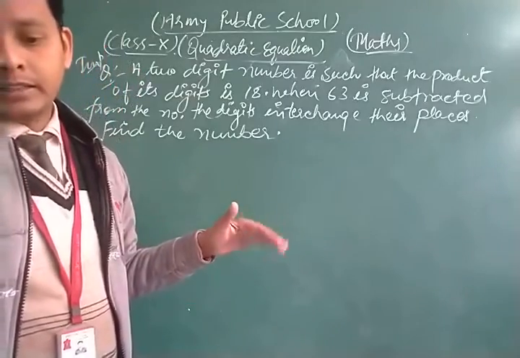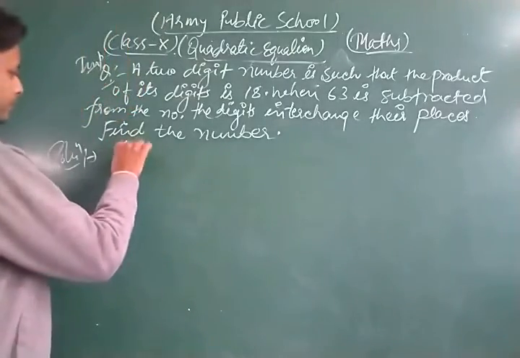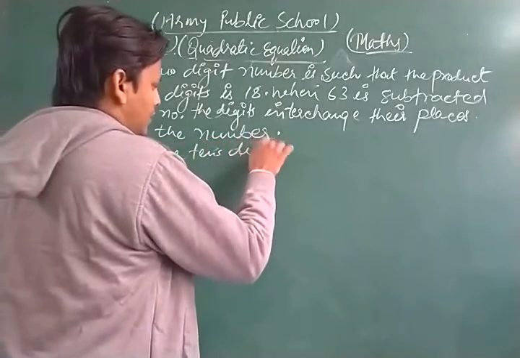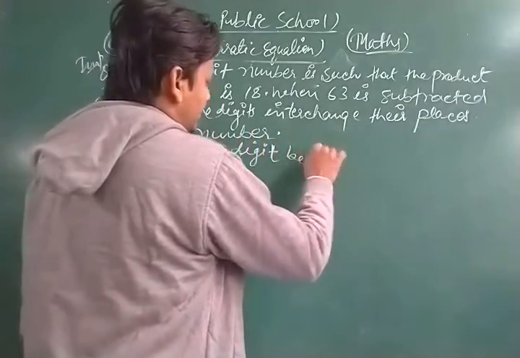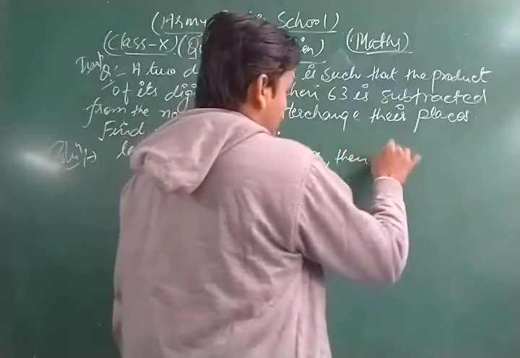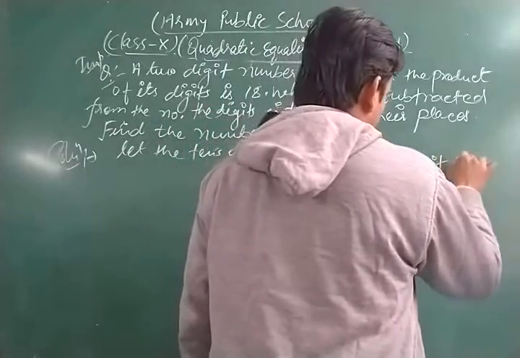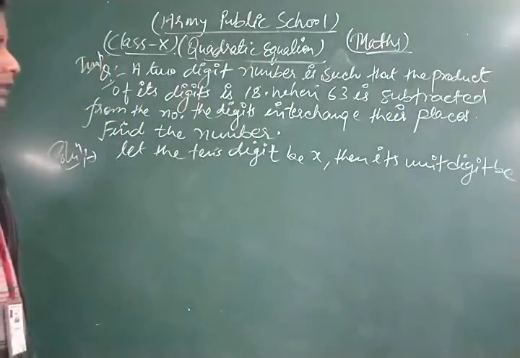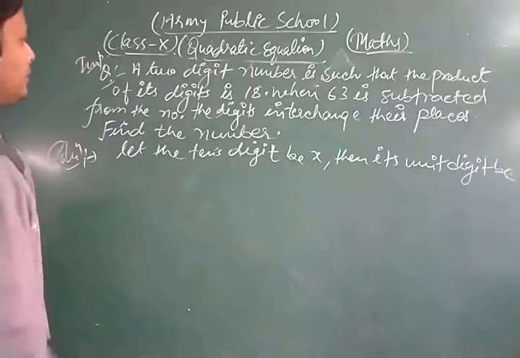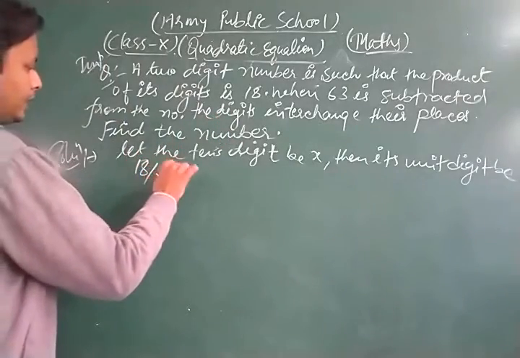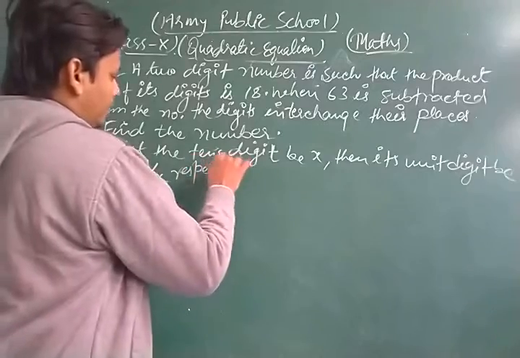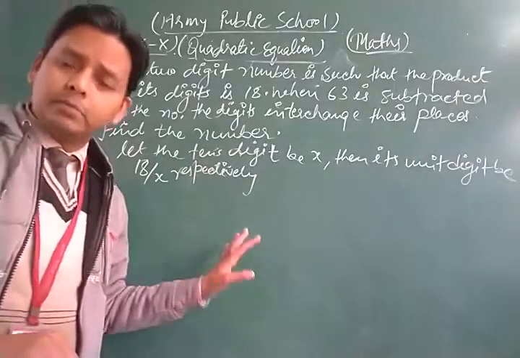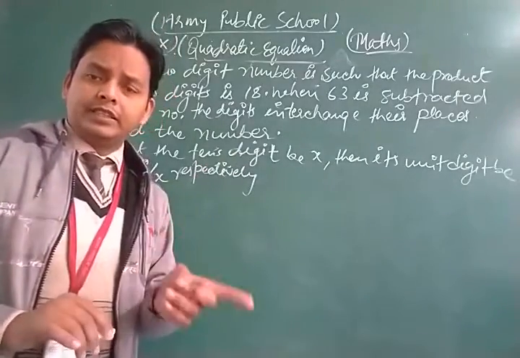So let the tens digit be x, then its unit digit will be 18 upon x, because the product of its digits is 18.